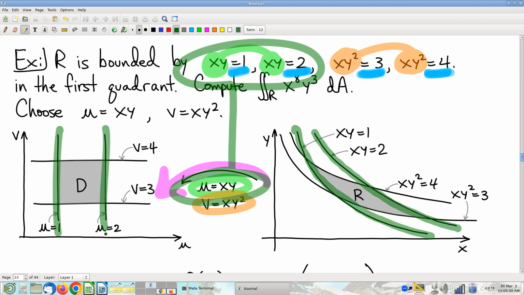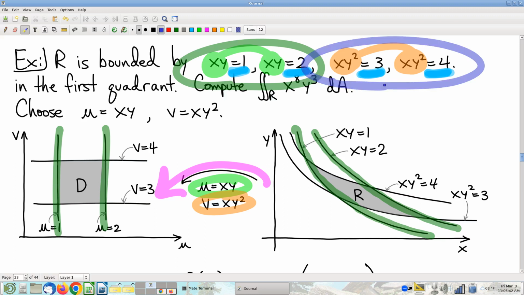Even better than that, perfectly vertical straight lines in the UV plane. And then likewise, you can probably see this coming, these two equations for these other two curves, xy squared equals various constants. Well, now that's become v equals those various constants, and those are perfectly horizontal lines.